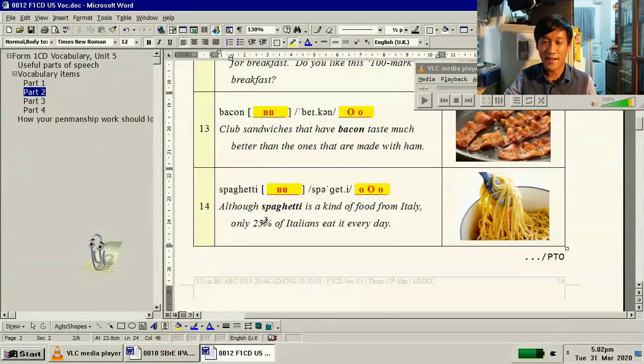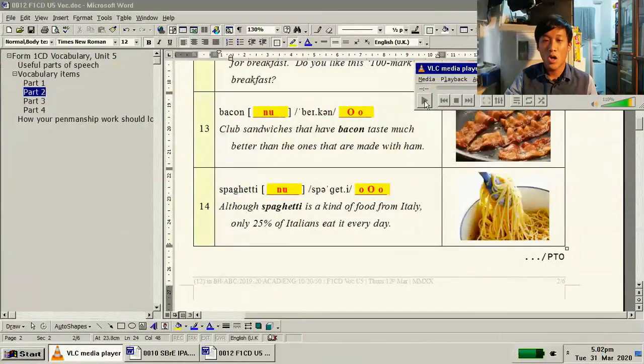I hope it helps you remember the vocabulary item. Let's practice reading. Spaghetti. Although spaghetti is a kind of food from Italy, only 25% of Italians eat it every day.